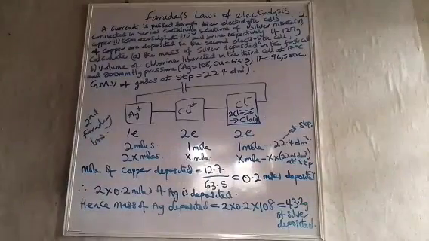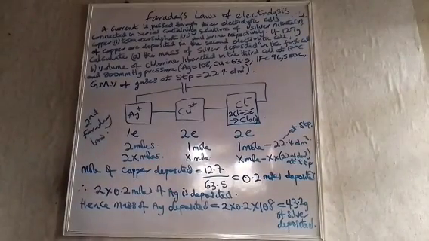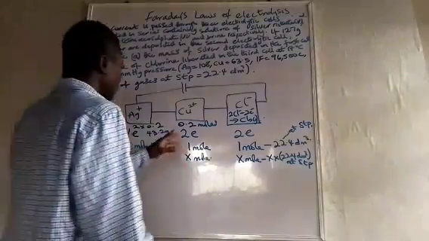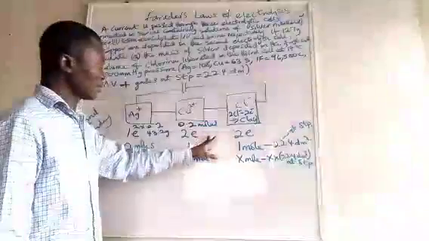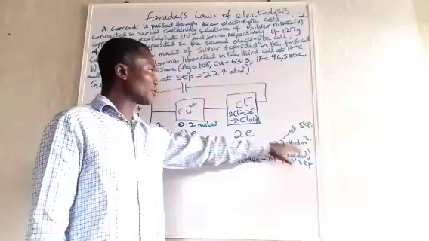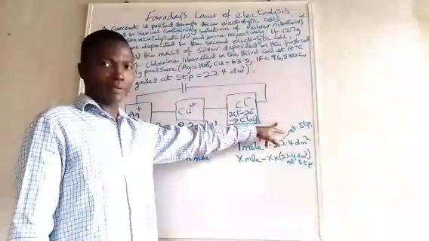Now let's go to the second part. So we have seen that if 1 mole of this is discharged, 22.4 dm cube of this one will be liberated.